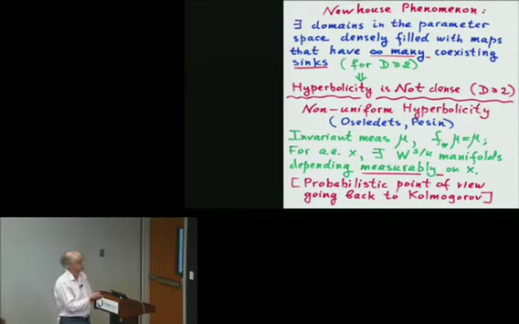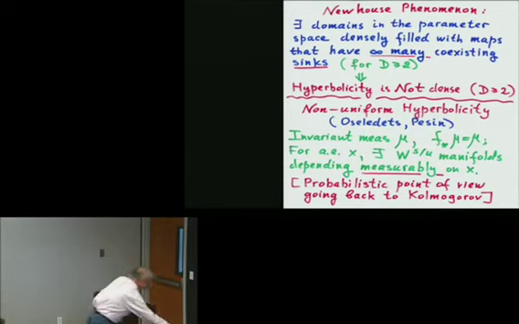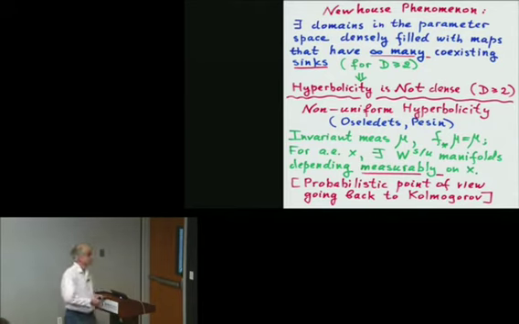These sinks stand for the attracting cycles. And infinitely many coexisting attracting cycles is incompatible with hyperbolicity. If you give the precise definition of hyperbolicity, this would be obvious. So it means that hyperbolicity cannot be dense, at least beginning with dimension 2.